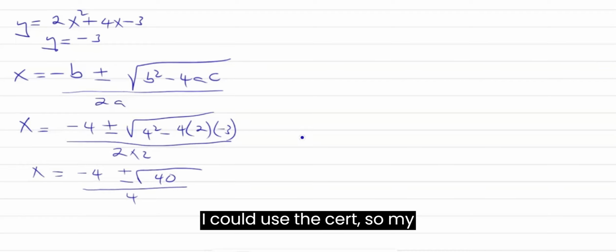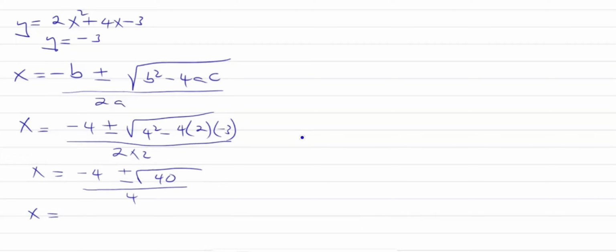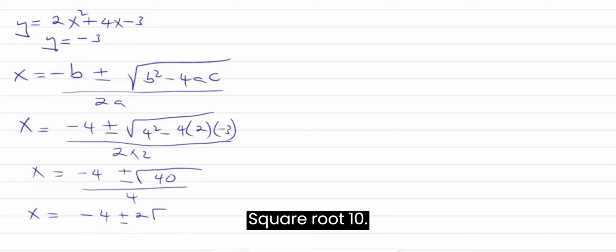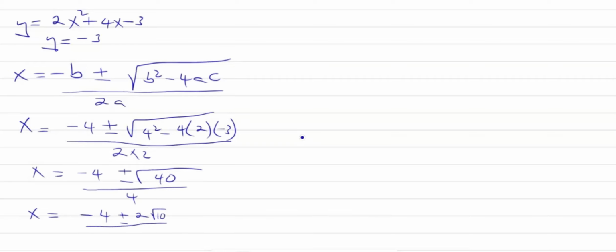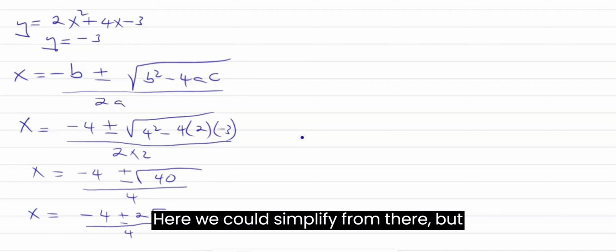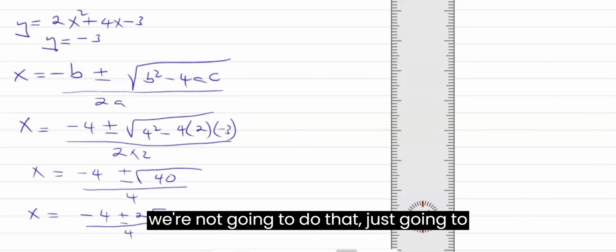Then my x-intercept will be -4 plus or minus 2 square root 10. Yeah, we could simplify from there, but we're not gonna do that. Just gonna leave it as it is.